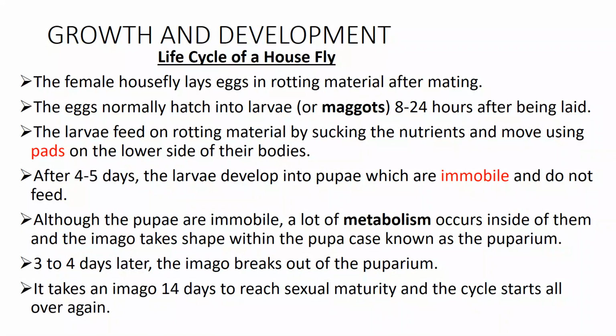It takes an imago 14 days to reach sexual maturity, and the cycle starts all over again. So the imago is now the full, grown-up housefly, which after 14 days will be sexually mature, so that if it's female, it can lay eggs.